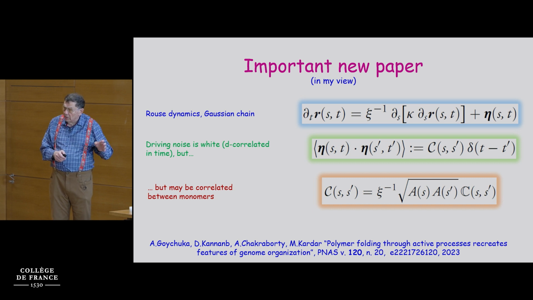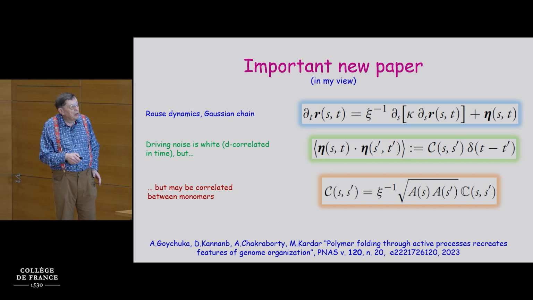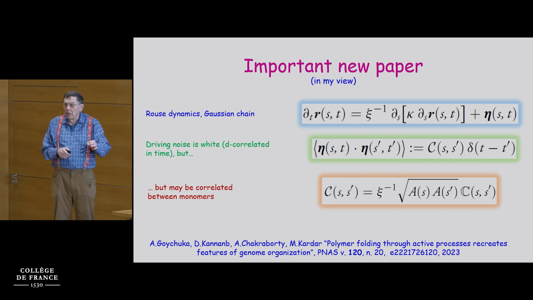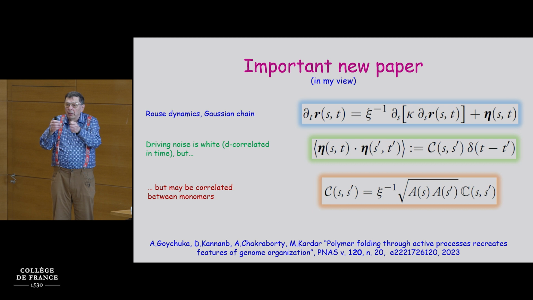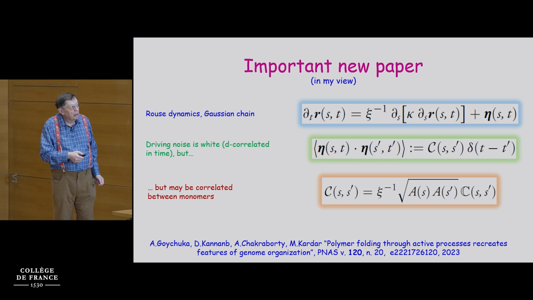I chose maybe not the most pedagogical way to go, because I plan to speak more about Rouse's model later, but here I just tell you that this is the simplest dynamical model in which every monomer undergoes friction against an immobile background. And this part is just the Hookean spring connection between neighboring monomers.